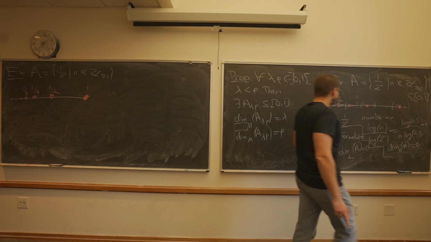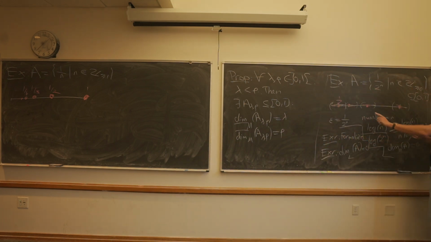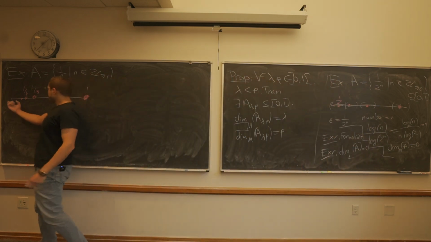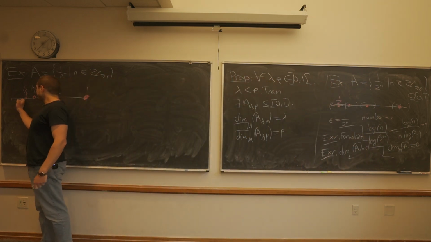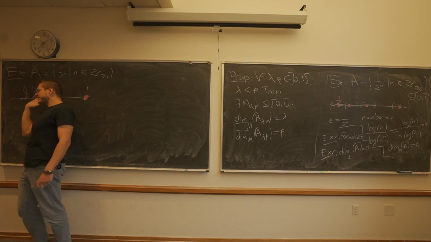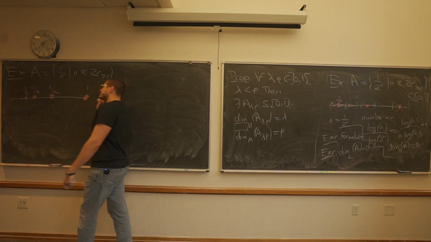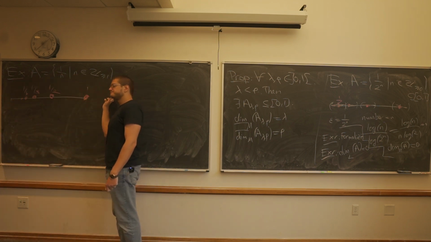Ultimately, the idea should be the same when we're trying to come up with this scale versus number business. That if you were to take an interval centered at one of these points that are near the origin, near the 0, you should be able to cover everything to the left of it, and then you want to count the remainder. Okay, that's the idea.